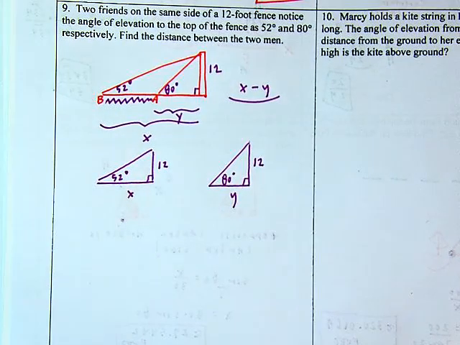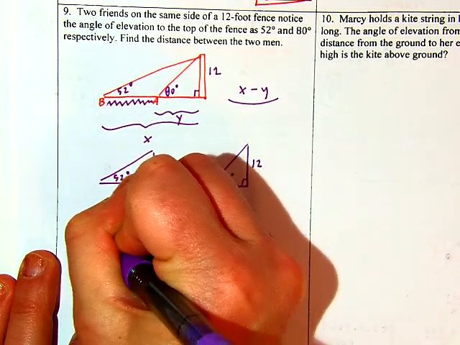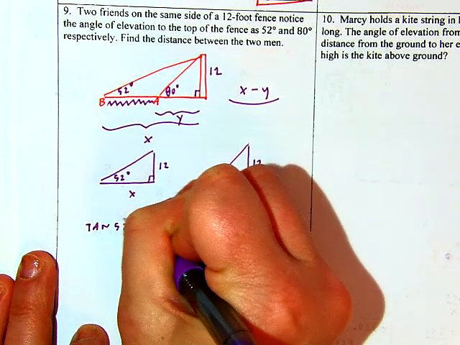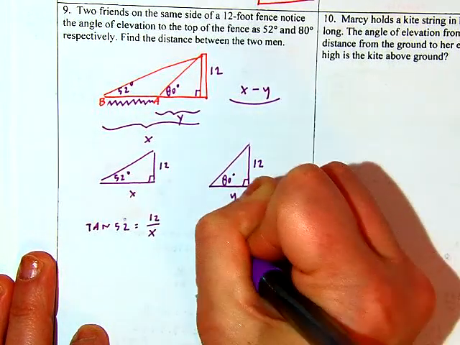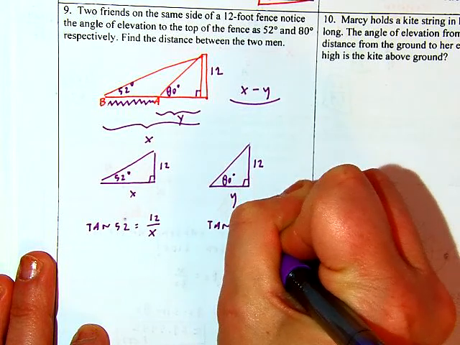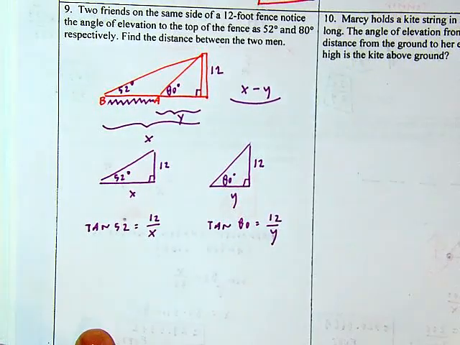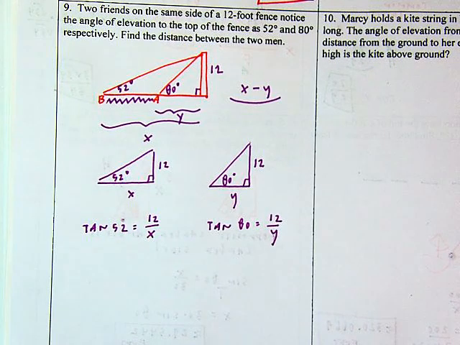Okay, so I have the legs marked, which means I'm using tangent. So from 52, I would say, well, tangent 52 equals 12 over x, and over here, tangent 80 equals 12 over y. So I need to solve for x and for y, and then take the difference between them.